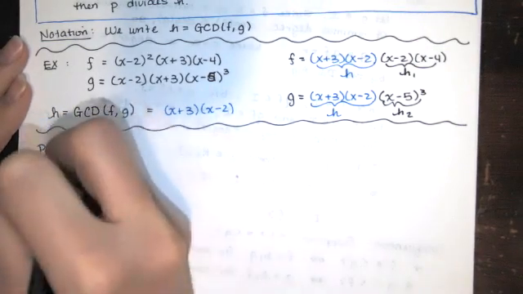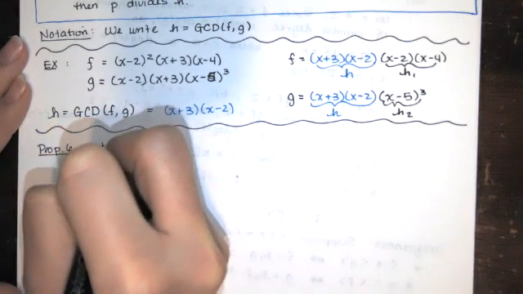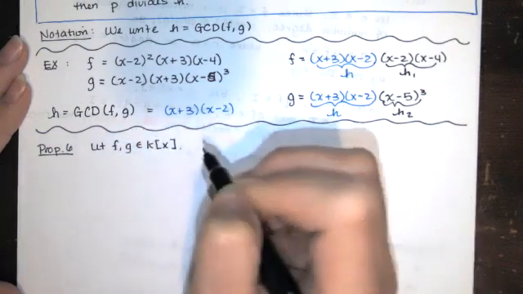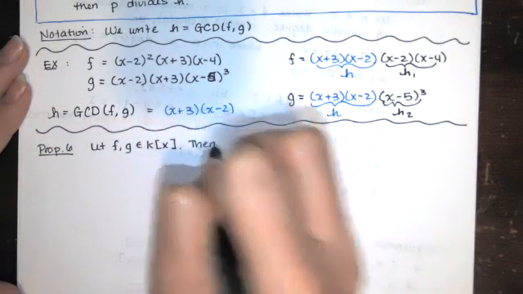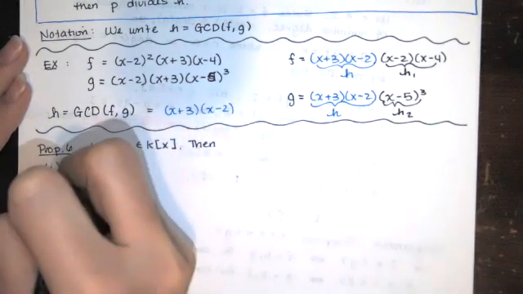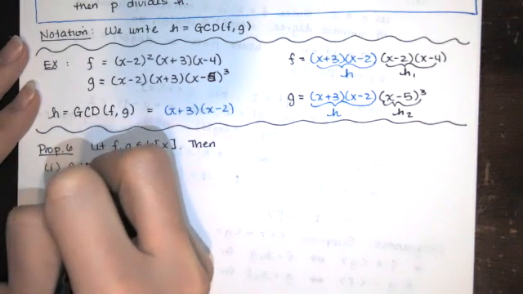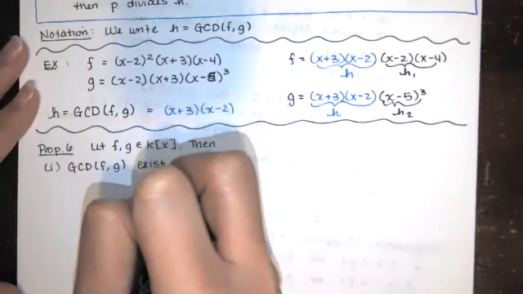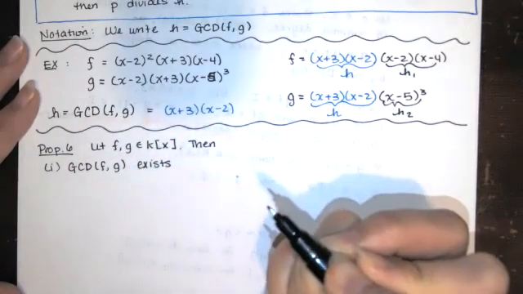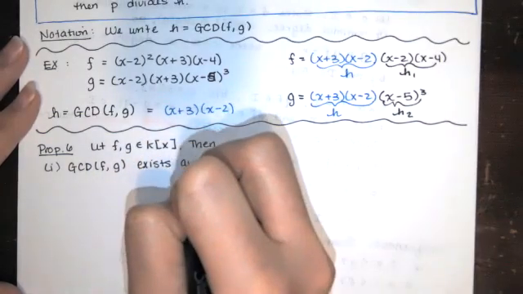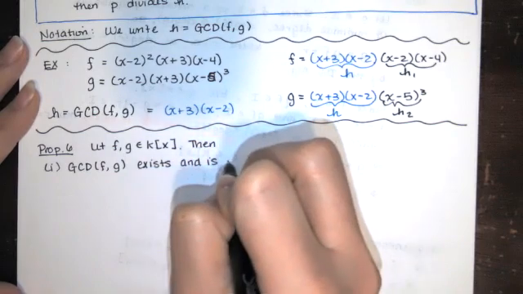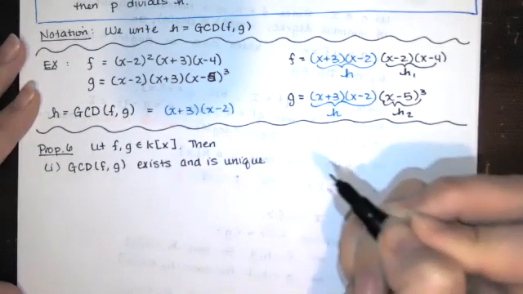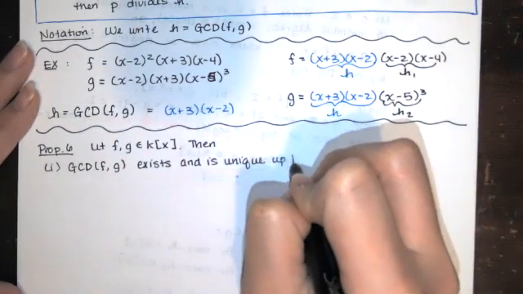Proposition 6 says that if f and g are in our polynomial ring, then first of all, the GCD of f and g exists, meaning it exists in the ring and is unique, again, up to multiplication by a non-zero constant in k.